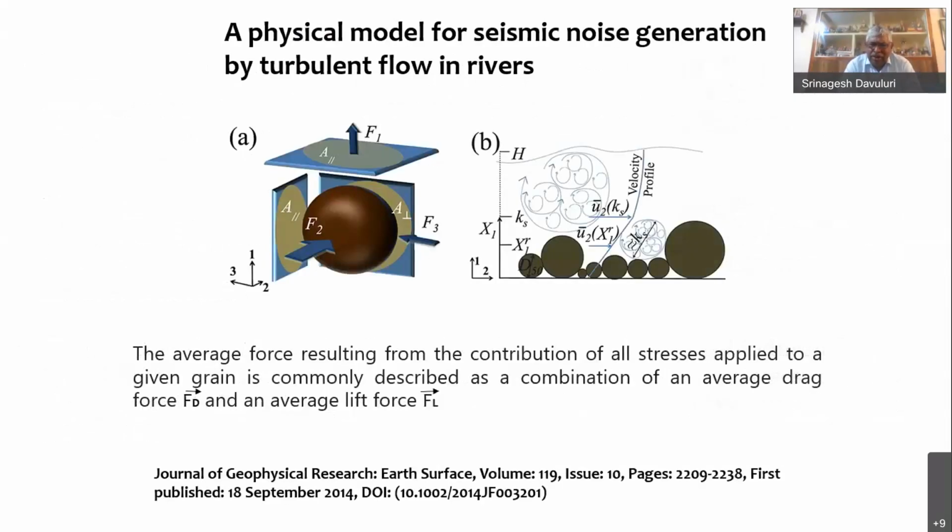Now, when you look at the physical model for seismic noise generation by turbulent flow in rivers, if you consider this as one grain or a boulder of a different size, there are two forces which are going to act on this. That is the average force resulting from the contribution of all stresses applied to this given grain, commonly described as a combination of the average drag force, that is the drag which is happening when the grain is being moved by the water, and the average lift force.